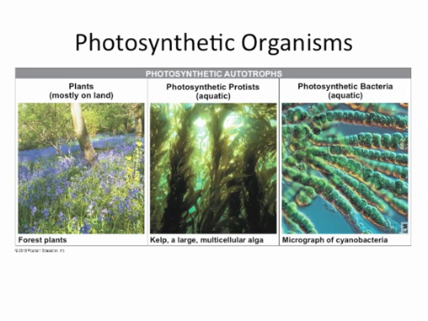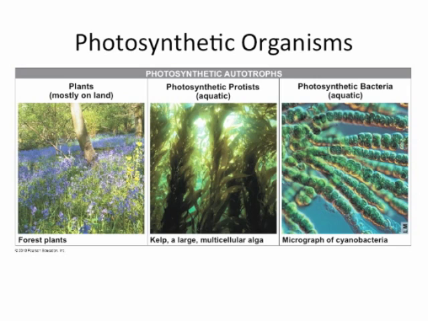So lots of organisms do photosynthesis. It's not just trees, not just grasses. It's many different organisms. They include land plants, mostly land plants. There are some plants found in aquatic environments as well. Photosynthetic protists, so algae: lots of different kinds of algae, red algae, green algae, brown algae.